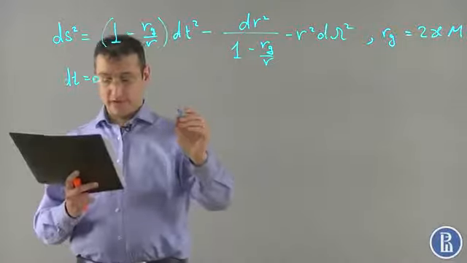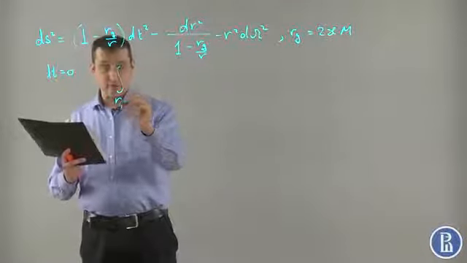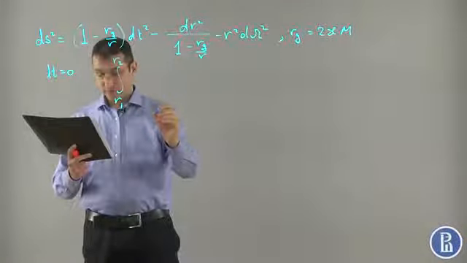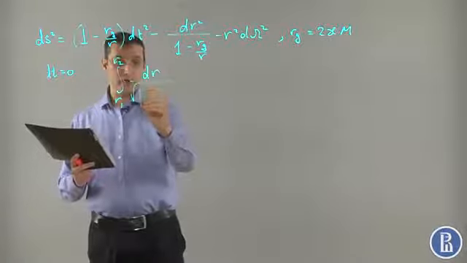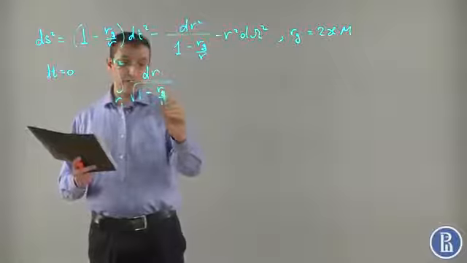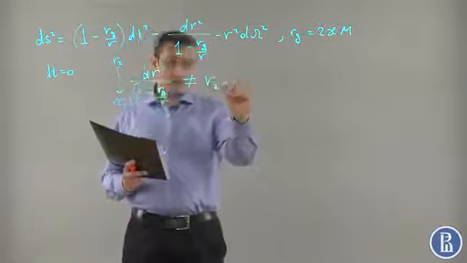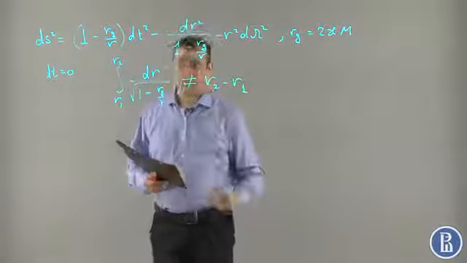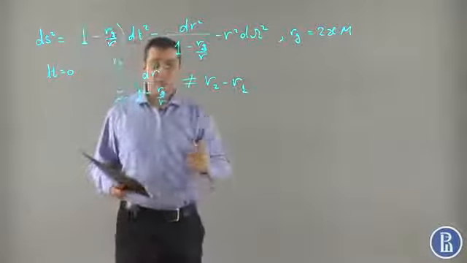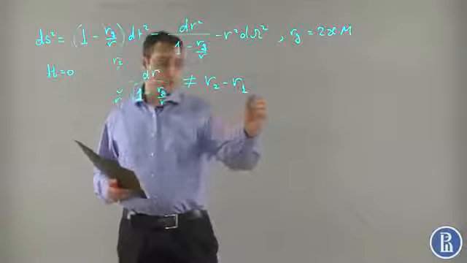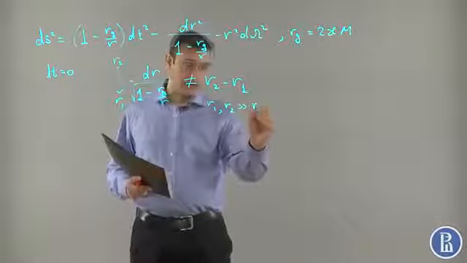The distance between two points, R1 and R2, is given by the integral of dr divided by the square root of 1 minus rg divided by r. And it is not equal to R2 minus R1. It's only approximately equal to this value if we are very far, if R1 and R2 are much greater than rg.